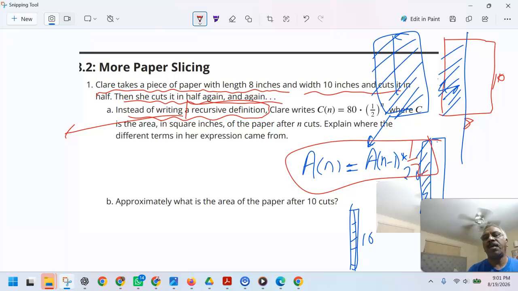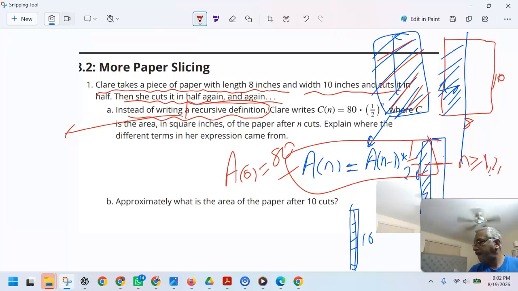So that was the recursive definition, because in the beginning, without cutting, it was 80. And after that, for n greater than 1, that means after 1 cut, 2 cuts, 3 cuts, that's what we get. So this was what we did last time.